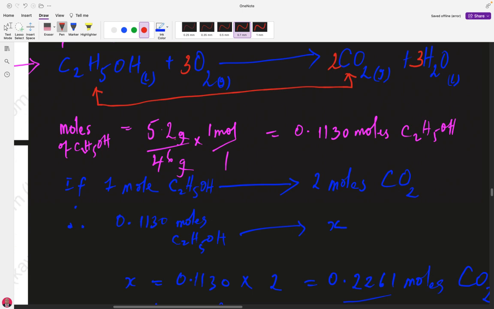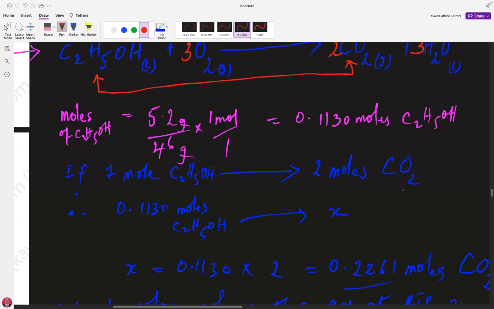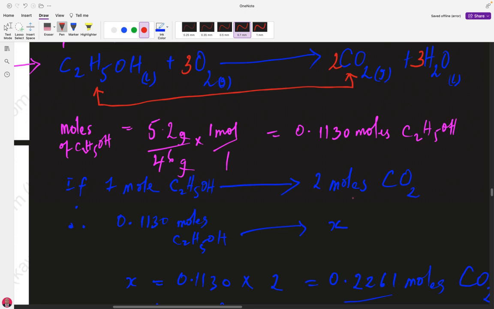So 5.2 divided by 46, times 1 mole, and we will have 0.1130 moles of ethanol that was burnt. Then, 1 mole of ethanol can give, from this reaction, 2 moles of carbon dioxide.